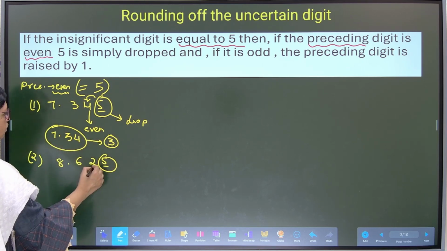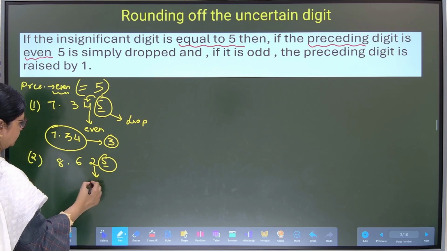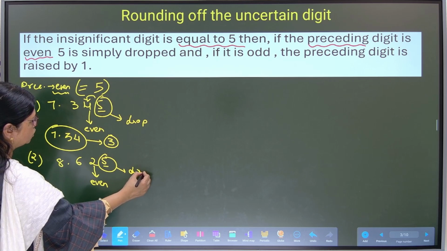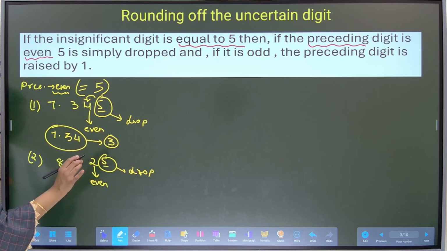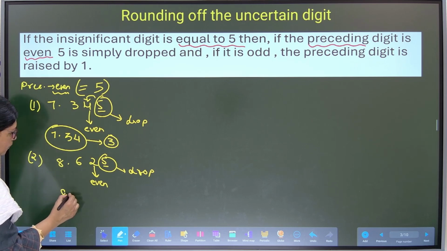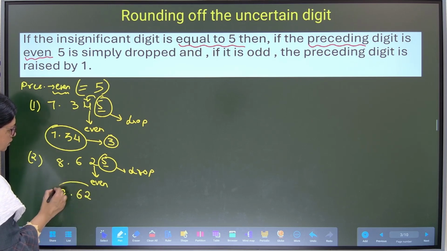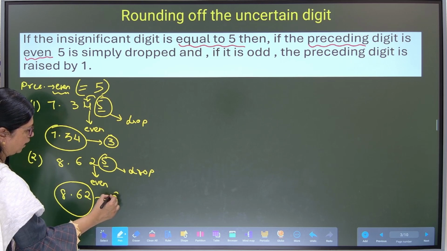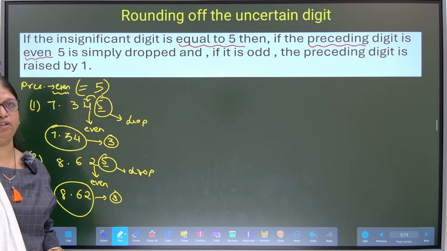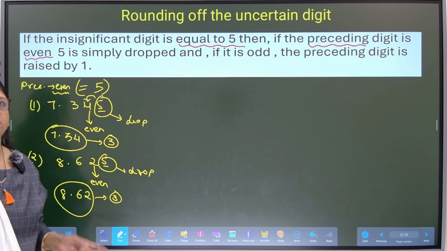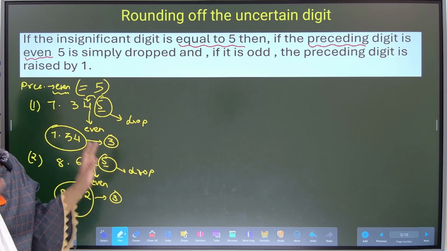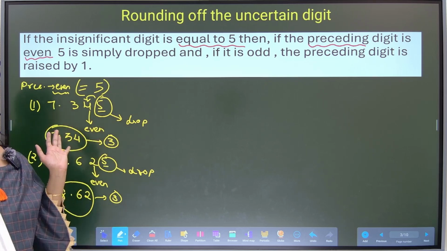So what should I do? Go to the previous one. Is it even? Yes. So what should I do to this digit? Drop. So what have I done? Drop the 5 and 2 is written as it is. Okay. So 8.62 is my answer to 3 significant digits. Fine. So if the preceding digit is even, simply drop 5 and rewrite the number with the same digits. That's all you keep in your mind.